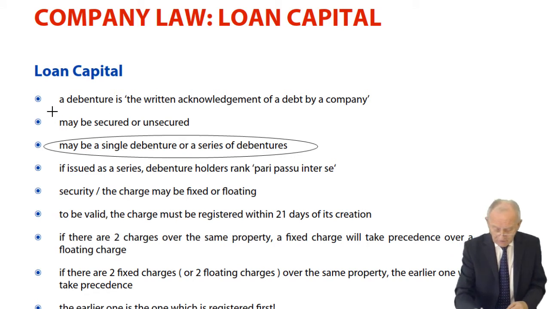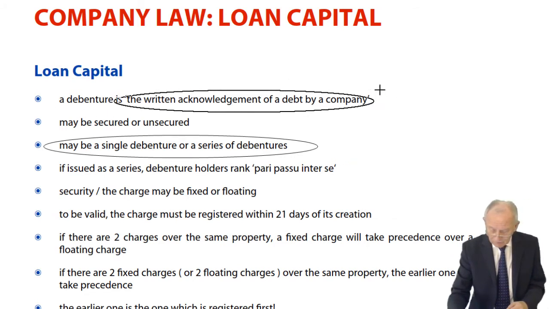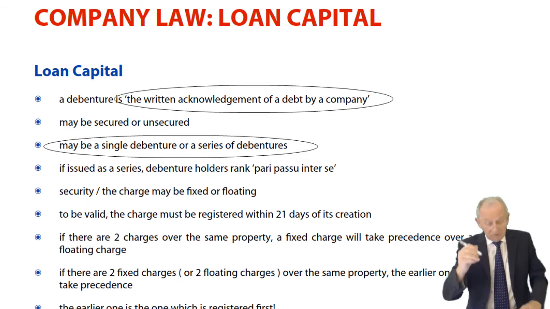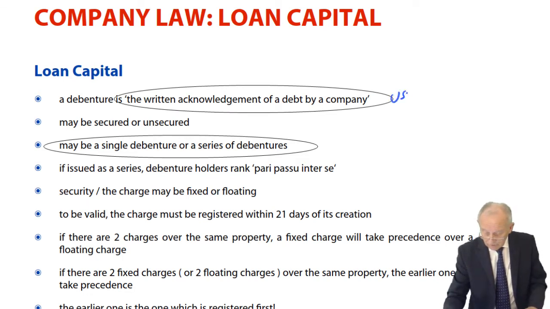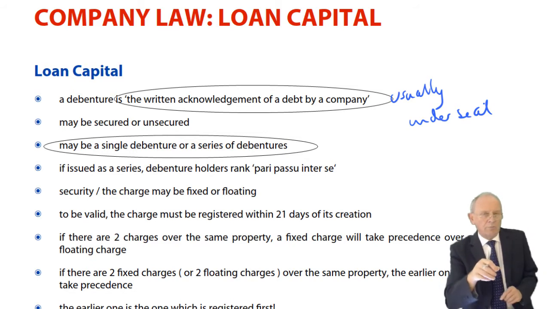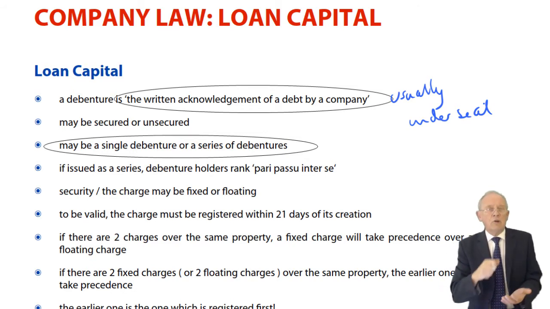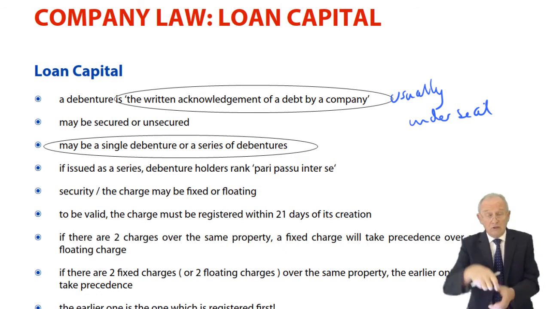The definition is the written acknowledgement of a debt by a company. The definition used to include the words usually under seal. In some places in the world, this is called a company stamp. So they stamp it, but it used to be an embossed steel seal.